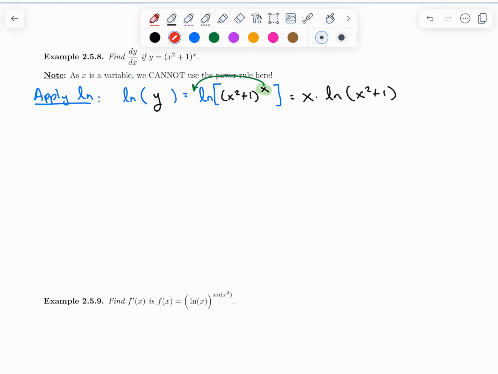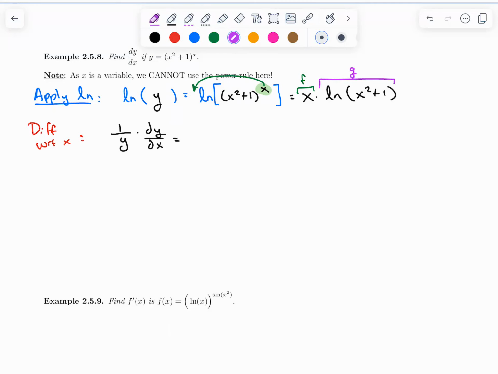So that is something we can differentiate, because that's a product of two nice things. Now we have to differentiate with respect to x. Left-hand side, natural log of y, the derivative of that would be 1 over y times y prime, or 1 over y times dy dx, equals, well, we do have a chain rule, but it's more than that.